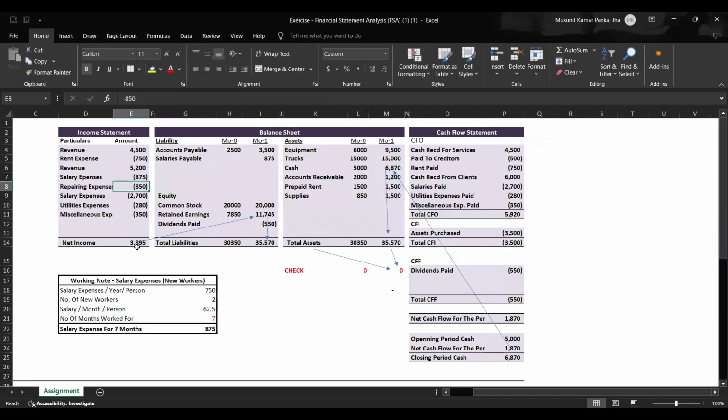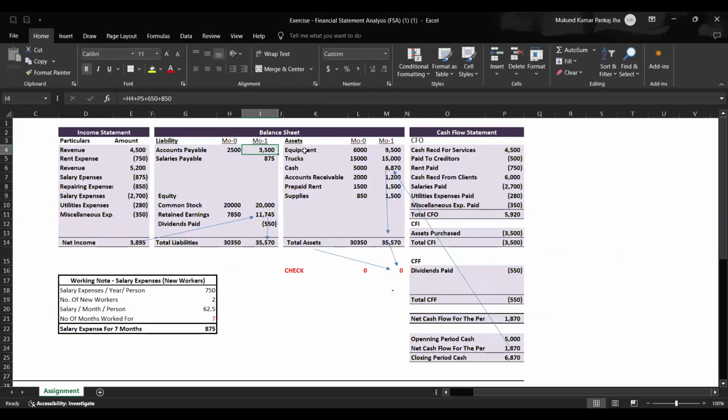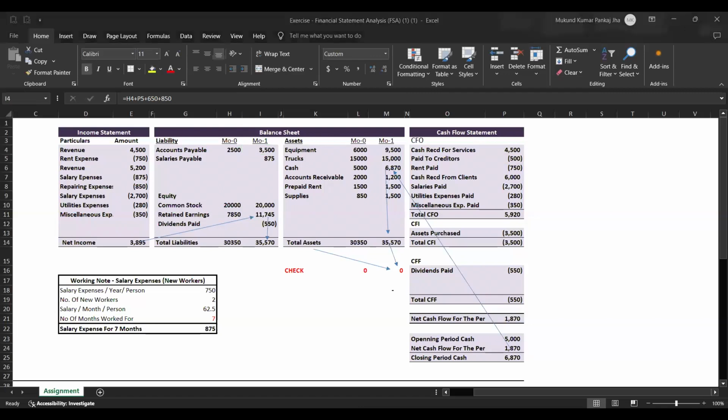But since this amount is not being paid and will be paid later, we have added it to accounts payable. Have you got this, Kriti? Okay. This one is done.